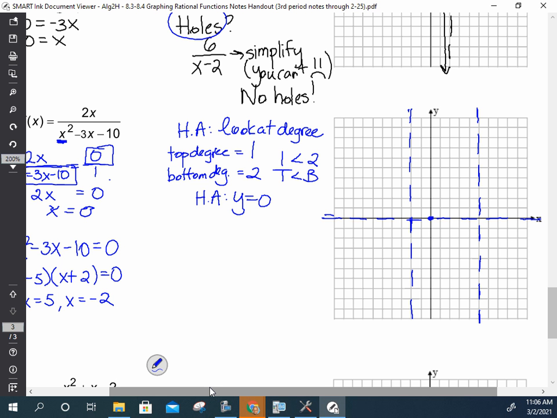Part of this function is going to flirt with that line, but it's not going to touch that line.